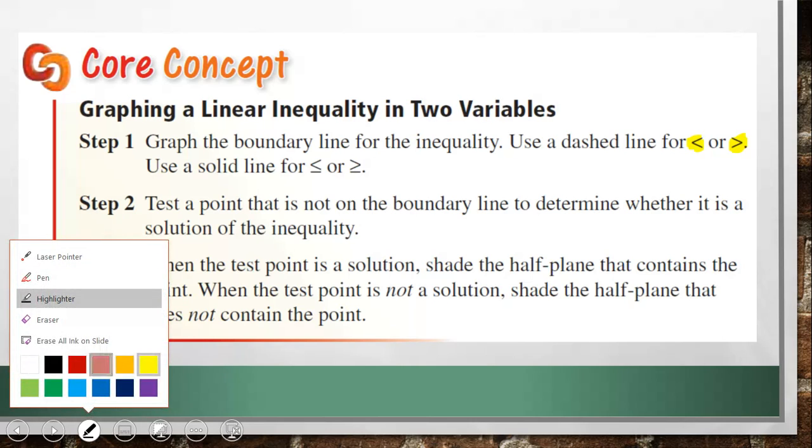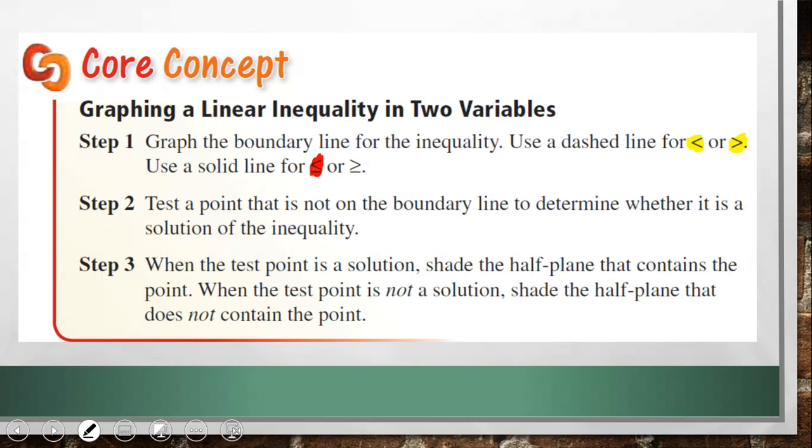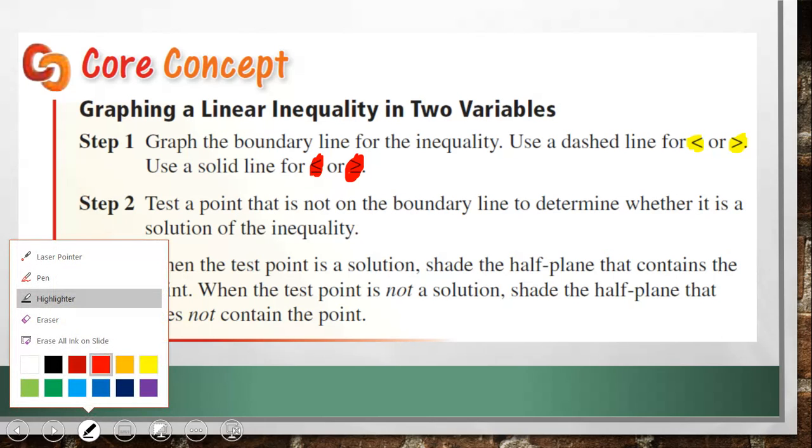We use a solid line when we have the less than or equal to or the greater than or equal to. And in those cases, those points on the line are solutions to the inequality. So the first thing you want to determine is, is it a dashed or a solid line? And that's based on whether or not you have the equal to symbol.